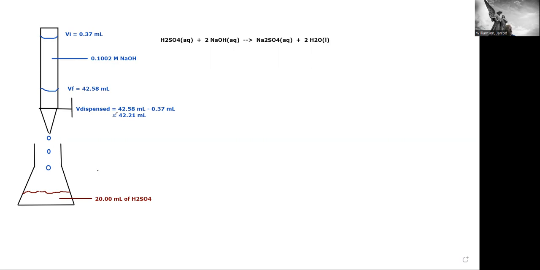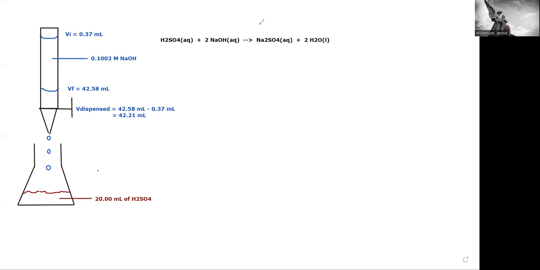The volume that I dispensed, those are these blue drops that fell out, is 42.58 minus 0.37 equals 42.21 milliliters of sodium hydroxide dispensed. What is the concentration of the sulfuric acid that was in here to start with?